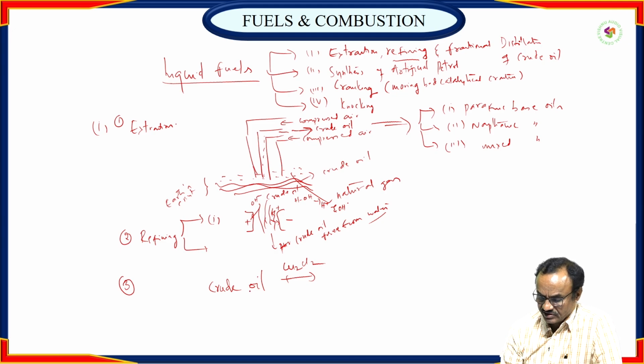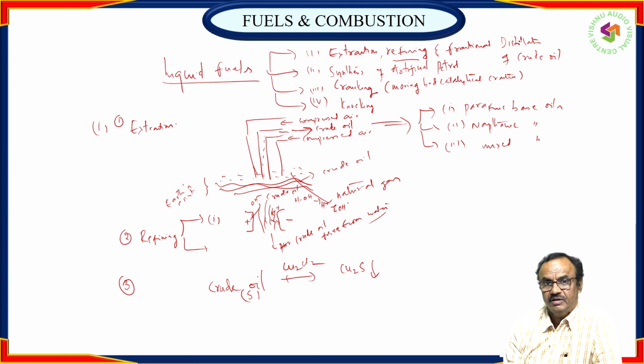Sulfur combines with cupric ions and gets precipitated as cupric sulfide. After removing water and impurities, it is called refined crude oil. Removal of impurities from crude oil is known as refining.